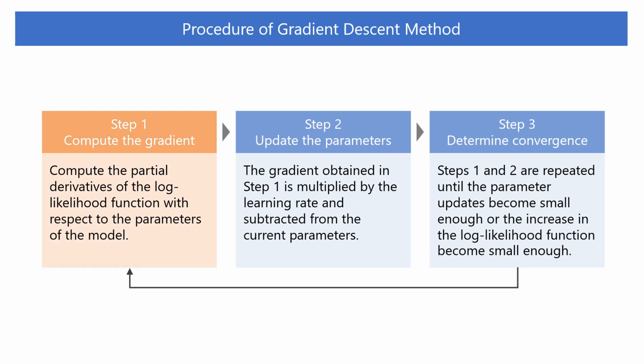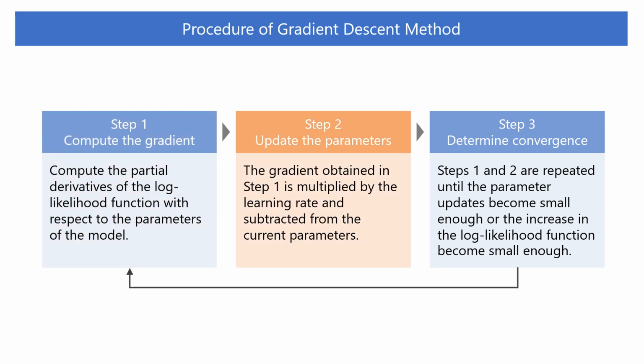Step 1 is to compute the gradient. In this step, we compute the partial derivatives of the log likelihood function with respect to the parameters of the model. This yields a gradient for each parameter. The gradient identified here is the direction in which the log likelihood function shows the steepest increase.